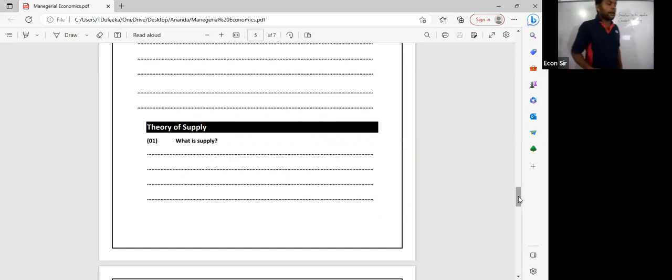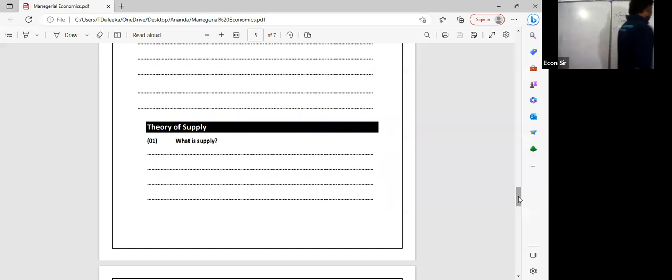What do you mean by supply? It is the quantity of supply.